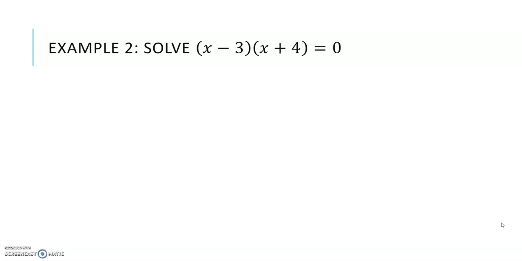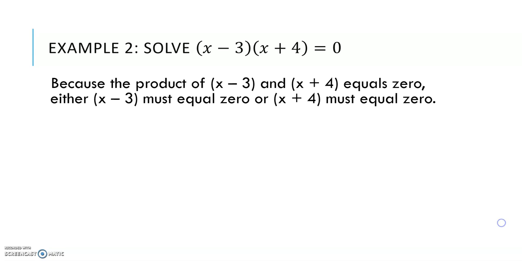Example 2, solve x minus 3 times x plus 4 equals 0. Because the product of x minus 3 and x plus 4 equals 0, either x minus 3 must equal 0 or x plus 4 must equal 0. X minus 3 equals 0.